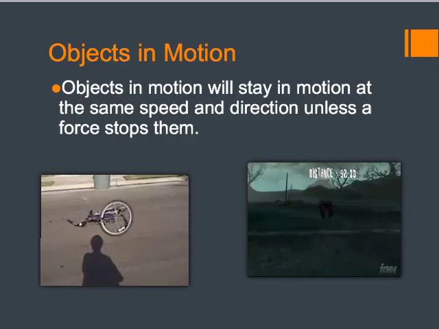If you notice, it's hard to get the cow going at first because the cow has a lot of mass and a lot of inertia. But once you get the cow spinning and you let go, it just keeps flying until, of course, the ground applies another force and stops the cow.